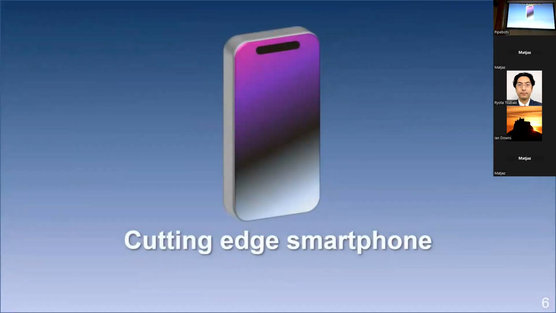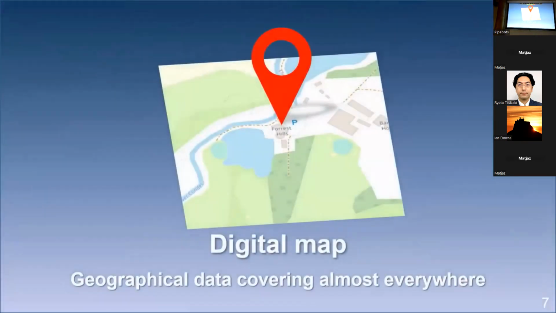Smartphone. Smartphones are developing their performance and function day by day. So that is one important product. Digital map, geographic data covering almost every area. So now our travel has become very comfortable. Such renovation of the map, digitalizing the map, is quite important.